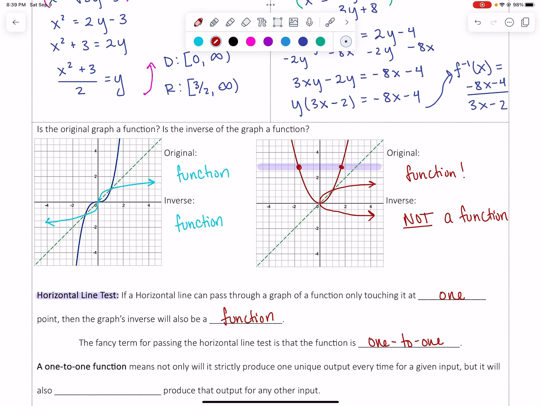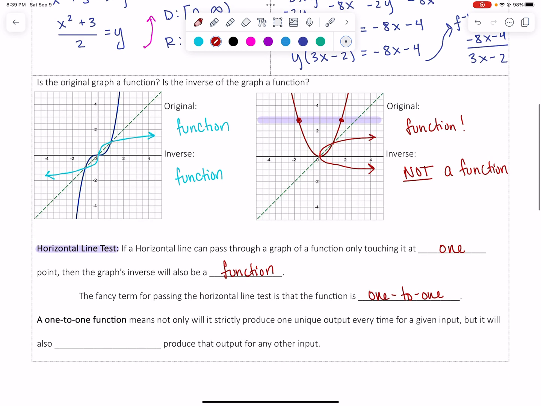So a 1-to-1 function means not only will it produce one unique output for a given input, but it will also never produce that output for any other input.